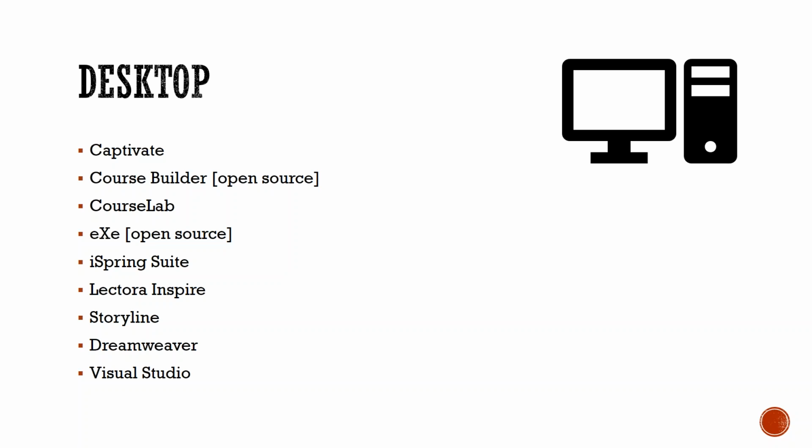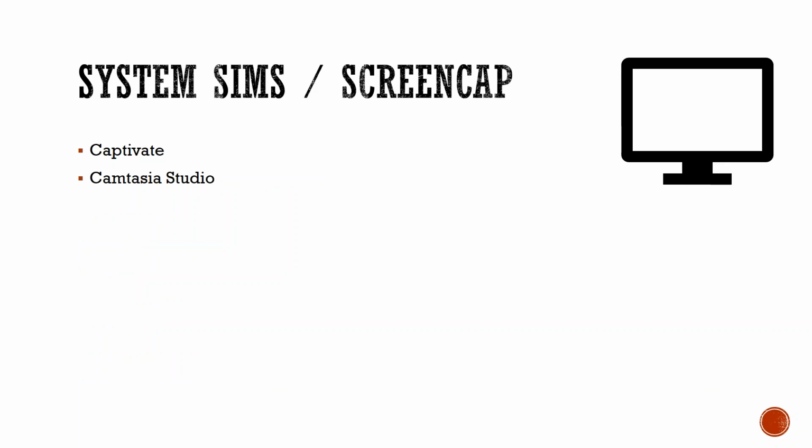So as we think of these desktop-based e-learning authoring tools, these would be ones that actually sit on your machine, or you download the majority of it and you produce it on your actual laptop or desktop.